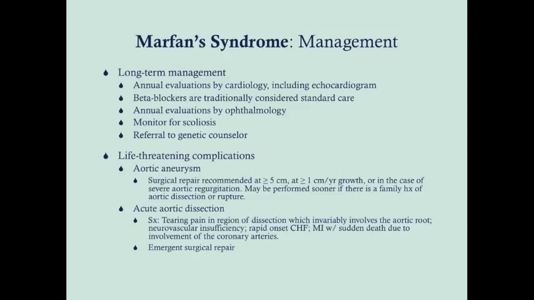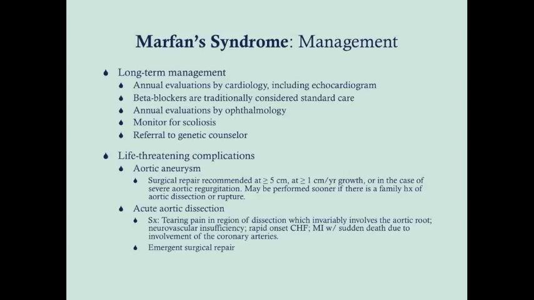And then acute aortic dissection, this is typically something that is seen in the ER. And the symptoms would be tearing pain in the region of dissection, which is invariably going to involve the aortic root, since that's the area that's most affected in Marfan syndrome. You can also get neurovascular insufficiency due to reduced blood flow to the carotid arteries, and rapid onset congestive heart failure due to regurgitation.